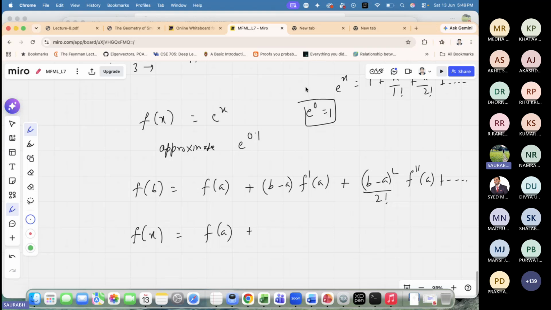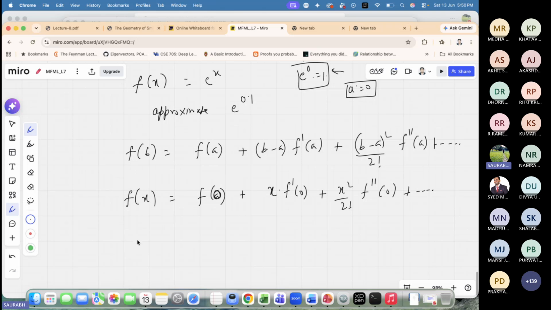So you already know the function's value at a, which is a equal to 0 in this case. So let's put a as 0: f of 0 plus, because b is x here, x into f dash 0 plus x square by 2 factorial into f double dash 0 plus and so on, right?